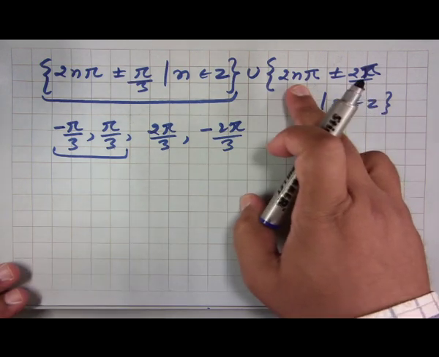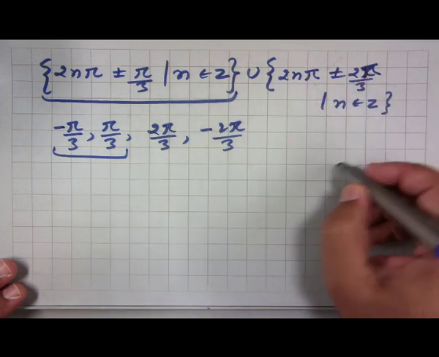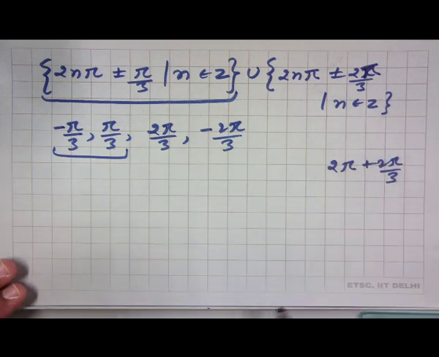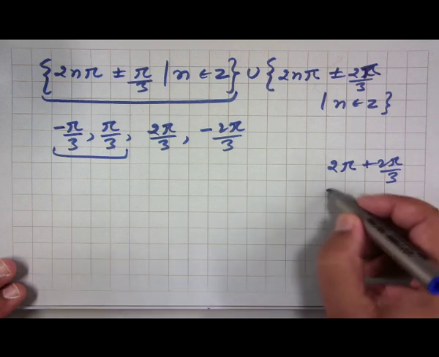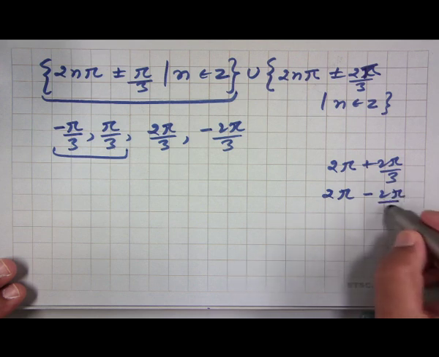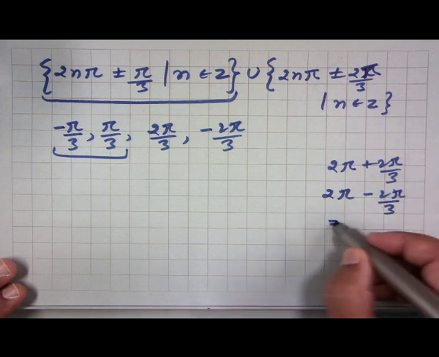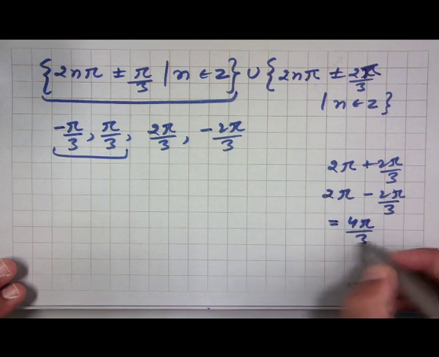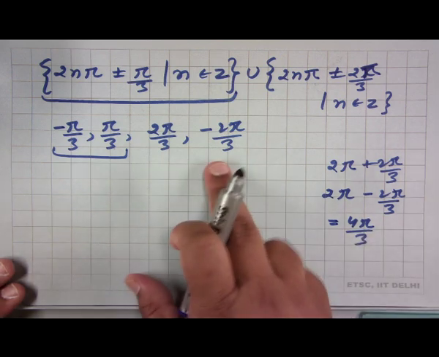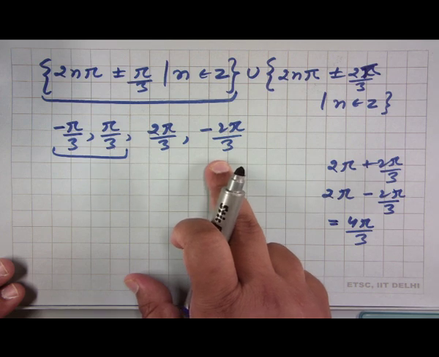For n equal to 1 we get 2 pi plus 2 pi by 3, but that of course is going to lie outside the interval. The other solution is 2 pi minus 2 pi by 3, which is equal to 4 pi by 3, and this also is outside the interval, and therefore we will not write it here.